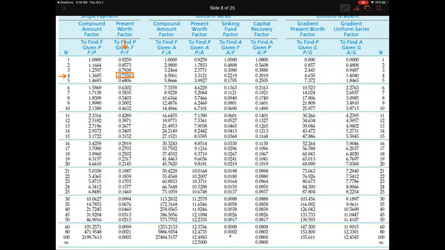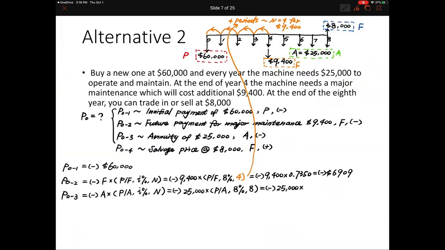So go check the table. Now you're looking at the column of P/A, to find the P given A. So that's the column, and n is 8. So here is the factor, it is 5.7466.